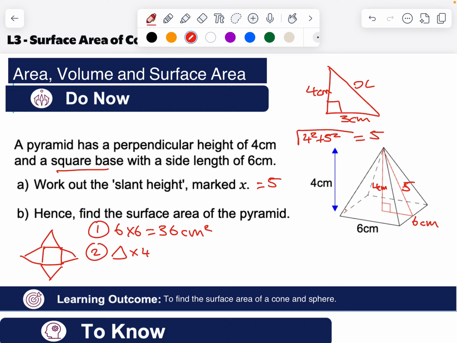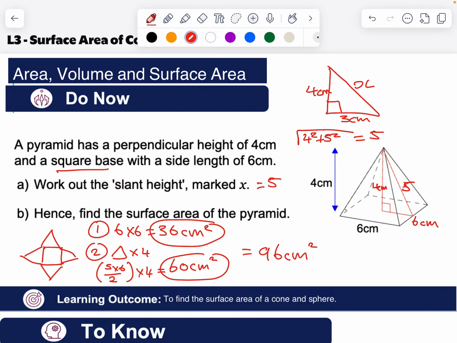So 1 triangle is going to be 5 times 6 divided by 2. 5 times 6 is 30, divided by 2 is 15. And then 15 times by 4 is 60. The last thing we need to do is add these two together, so your answer is 96 centimetres squared.